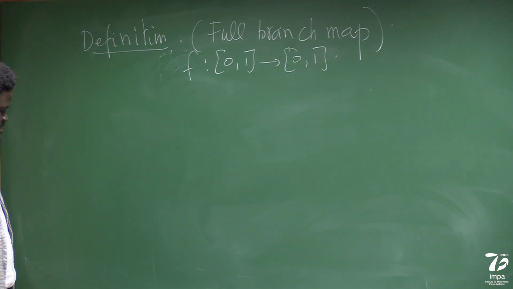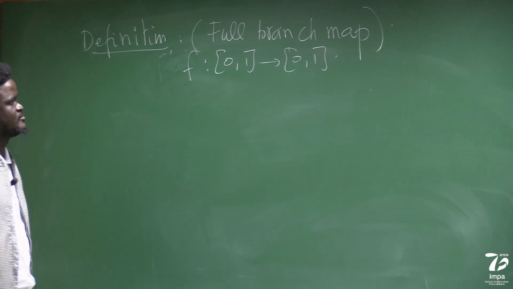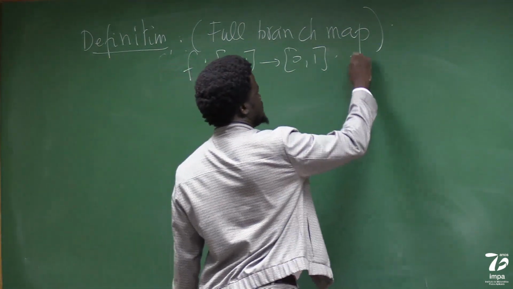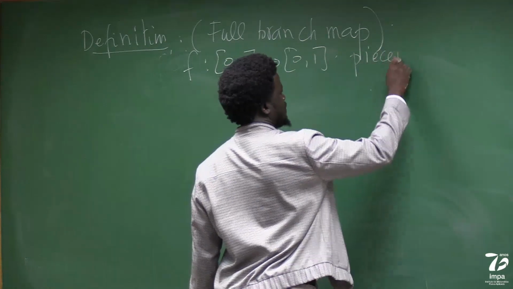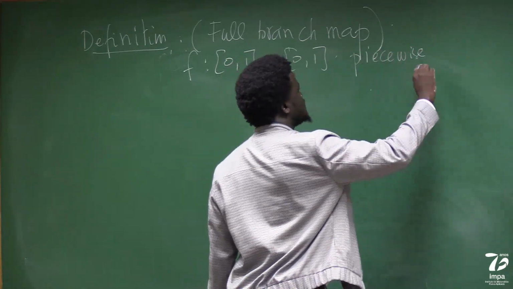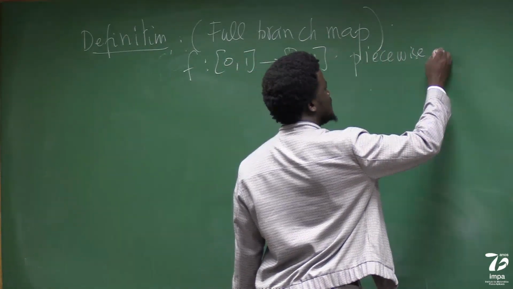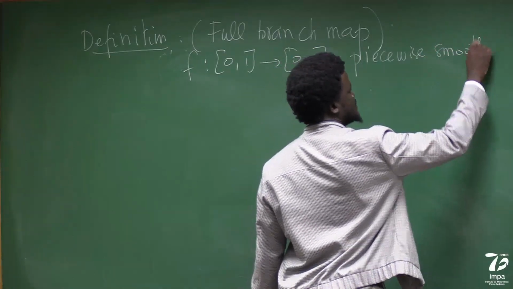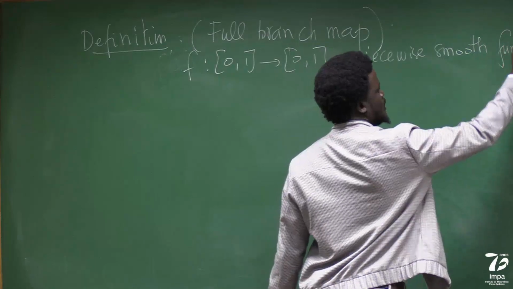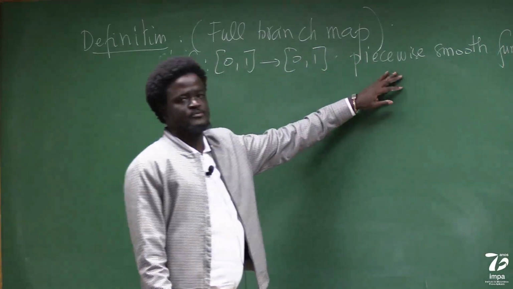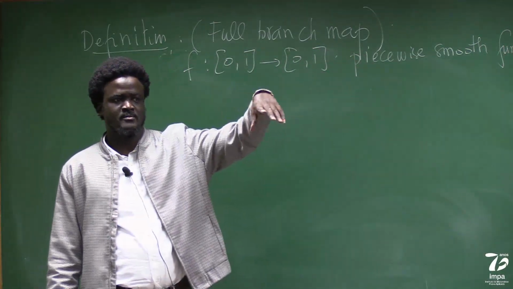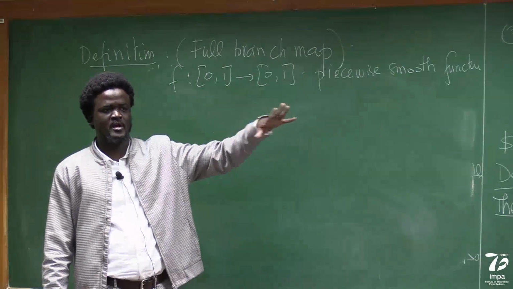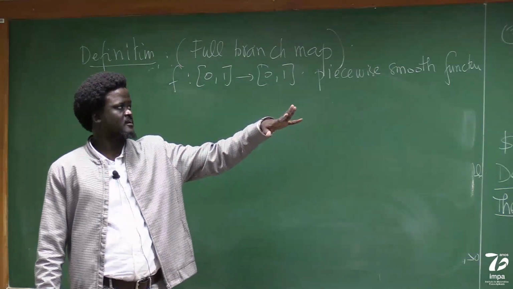So let's suppose that this is a piecewise smooth function. By piecewise smooth, I just mean that there is a countable number of points where you don't have differentiability.